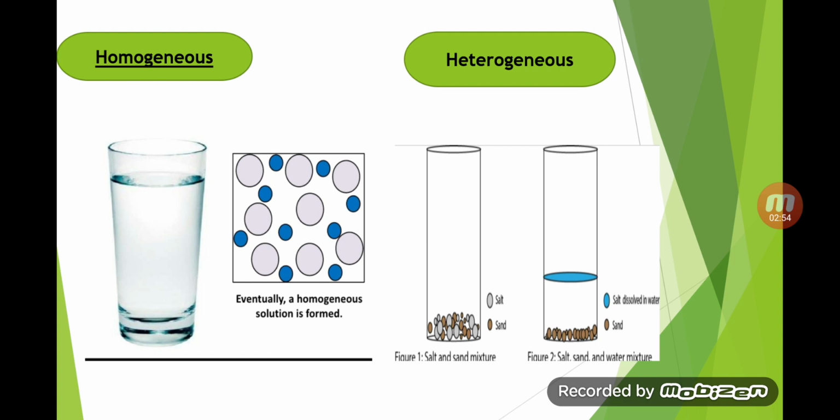In the case of homogeneous, after dissolving sugar or salt, because they are soluble in water, you cannot find them, and there is no separation boundary between solute and solvent. That is the main characteristic of a homogeneous mixture.